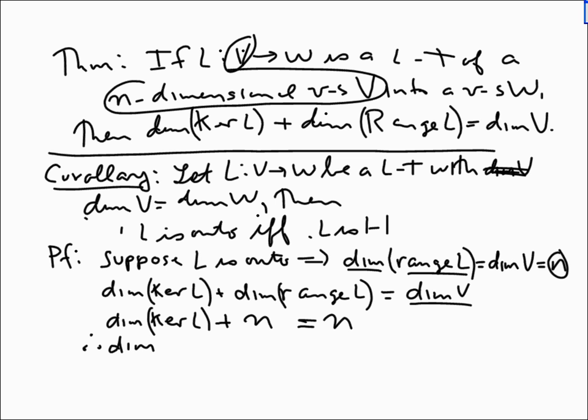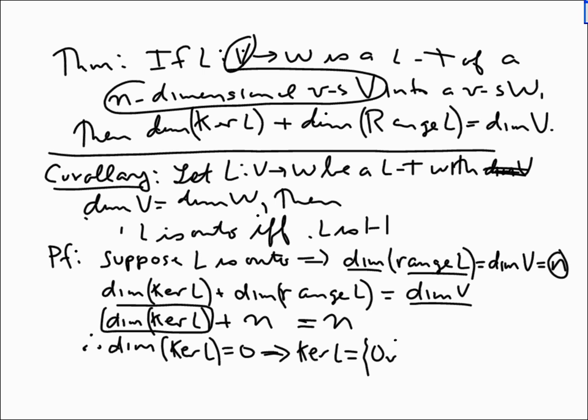Therefore, this must be 0: 0 plus n equals n. The dimension of the kernel of L is 0, which means the kernel of L is just the 0 vector, which implies L is 1 to 1. So, if L is onto, I showed L is 1 to 1.